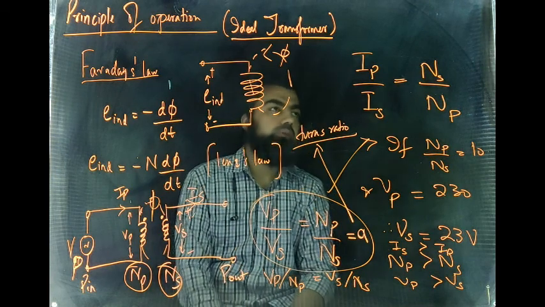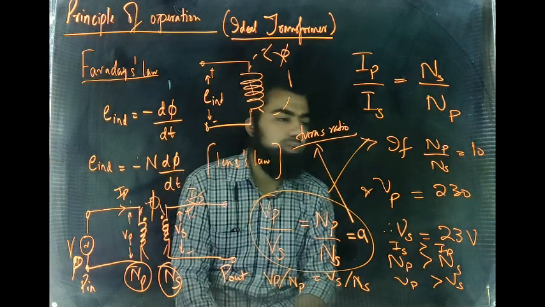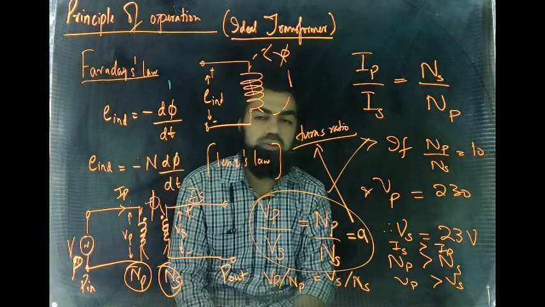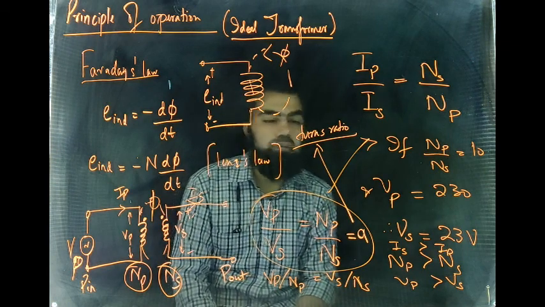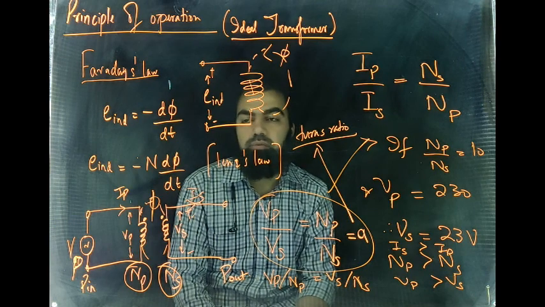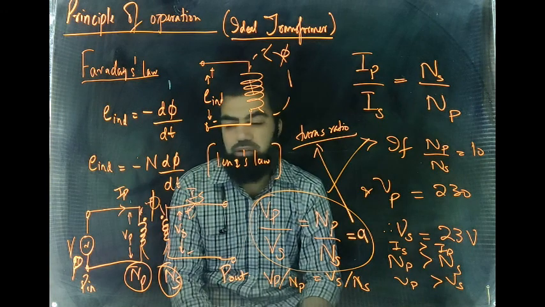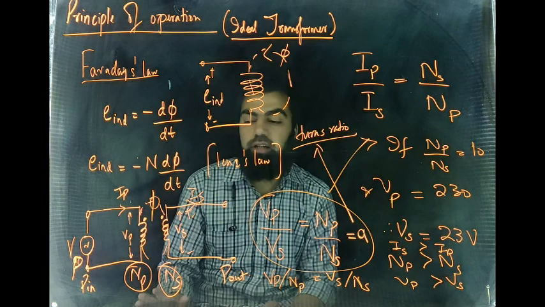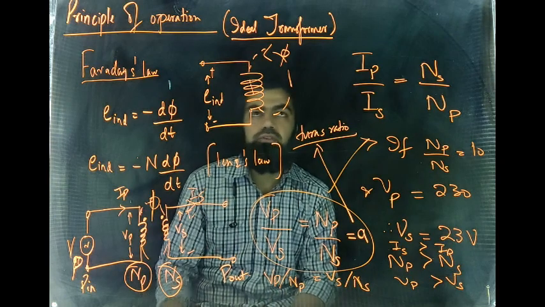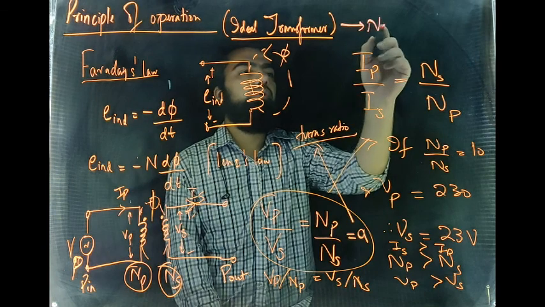If we do the practical transformer in the next session, from there on we'll derive the equivalent circuit of the transformer and then the phasor diagram of this transformer. Right. So this is about the ideal transformer, where we are simply assuming that there are no losses in the system.